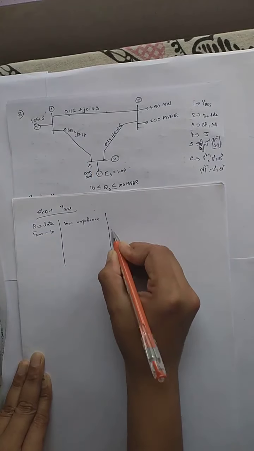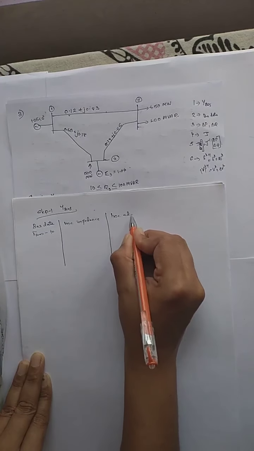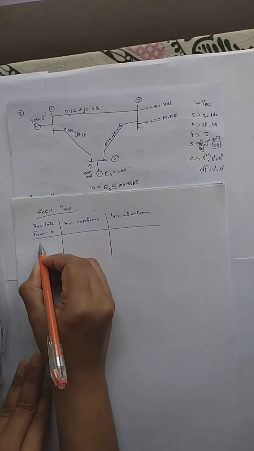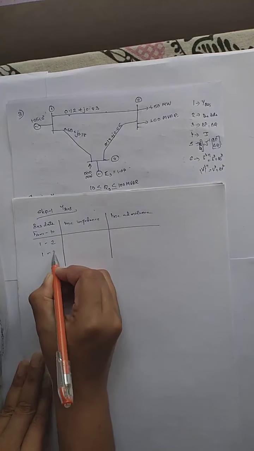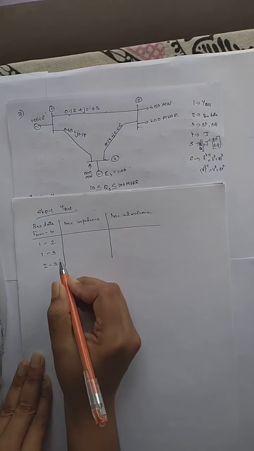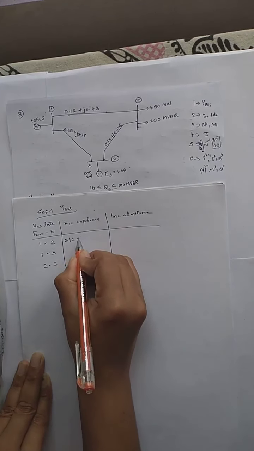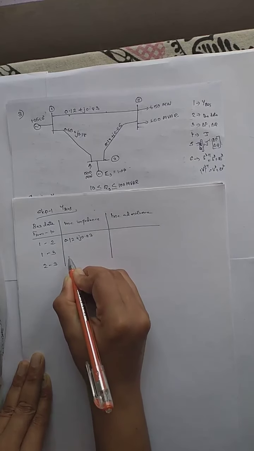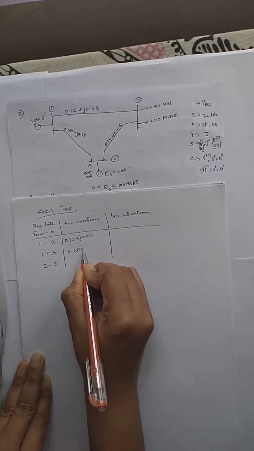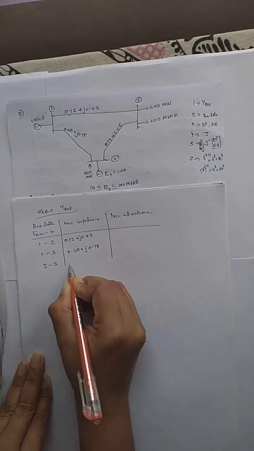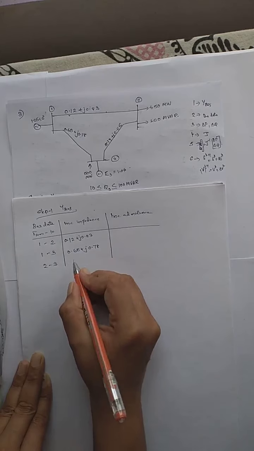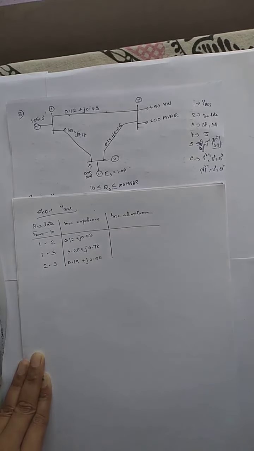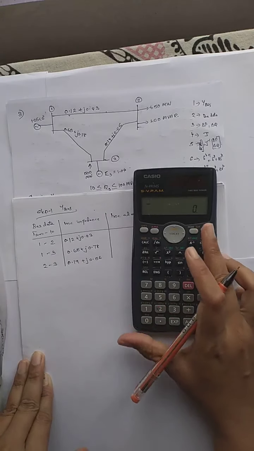For ease, we have lines 1 to 2, 1 to 3, and 2 to 3. For 1 to 2 the value is 0.12 plus j0.83, for 1 to 3 it is 0.65 plus j0.78, and for 2 to 3 it is 0.19 plus j0.56. I am going to find the inverse of each.